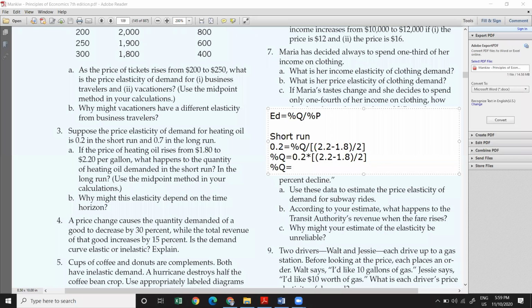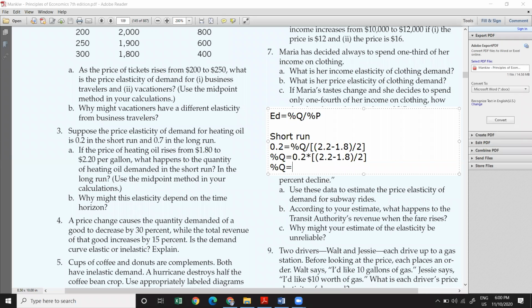As we said, in the short run, with a change in the price, the quantity demanded will be less responsive. But in the long run, the responsiveness of the quantity demanded will be higher. It will be more elastic. So we'll see how it works here.